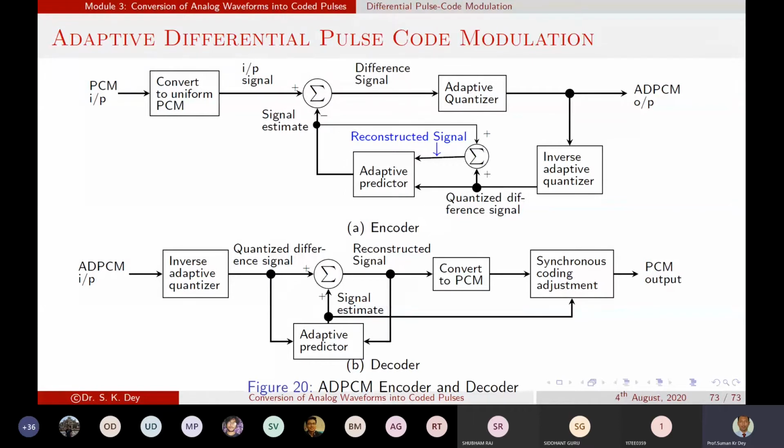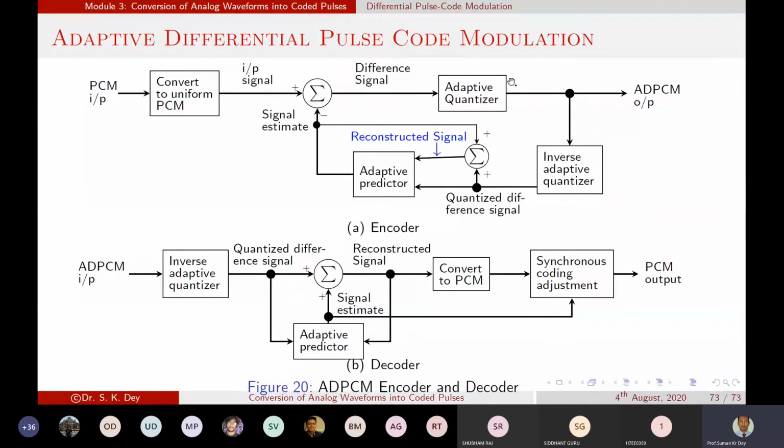Basically, in the block diagram, first we compute the difference signal, then we add the adaptive quantizer, which gives us the ADPCM signal.